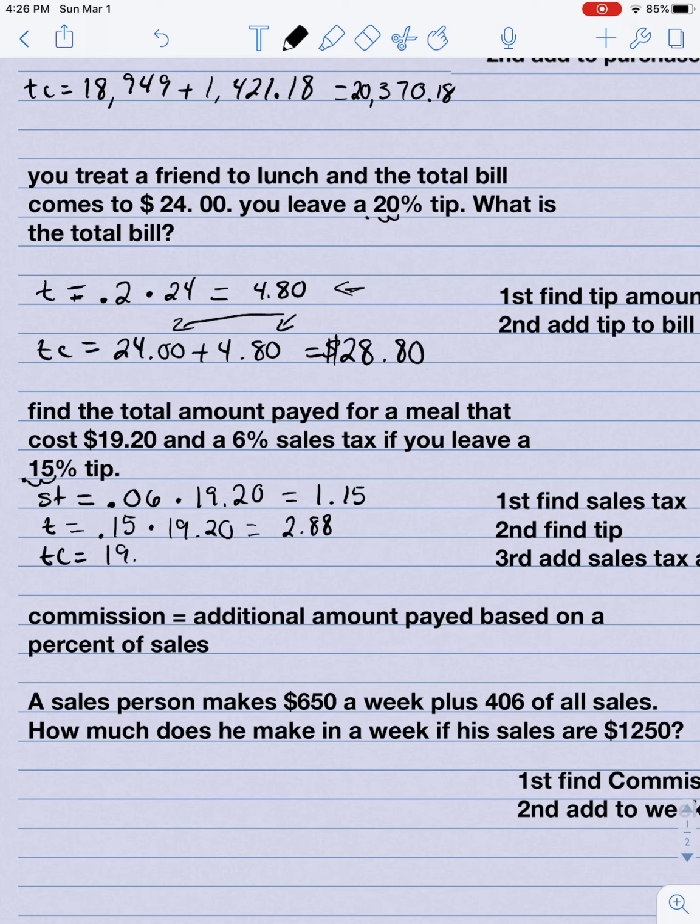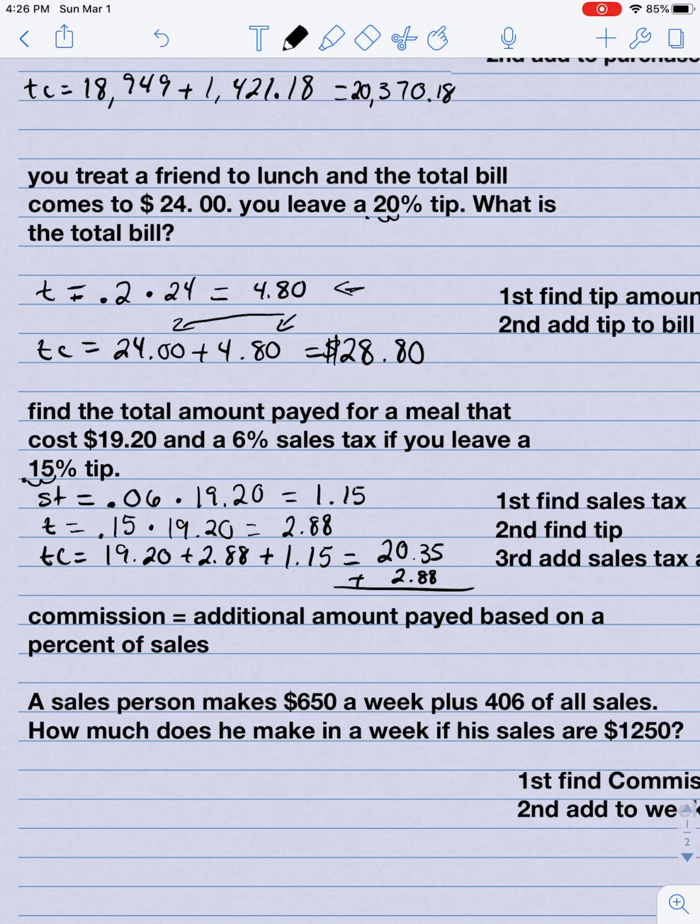So you have $19.20 plus $2.88 plus 1.15. And that's going to equal, so that would be 20.35 plus another 2.88. So I'm going to go 20.35 plus 2.88.